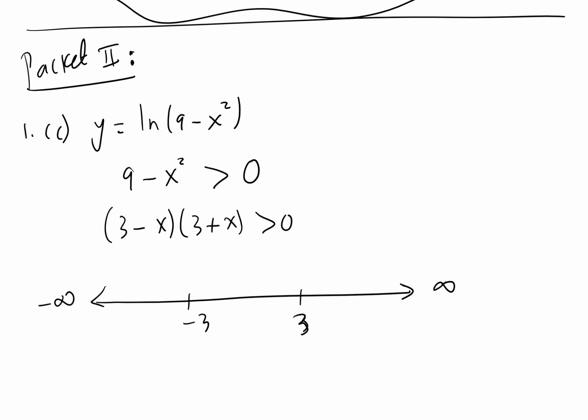If you choose 4, for example, as a testing point, that gives you negative. Then between -3 and 3, say 0, you're going to get positive, then negative. When is it positive? -3 to 3. That's the domain. That's 1c.